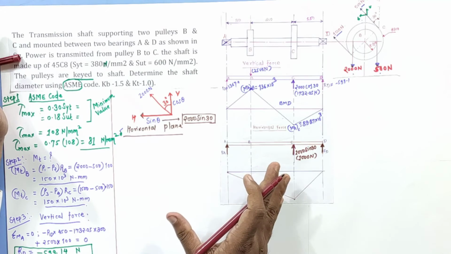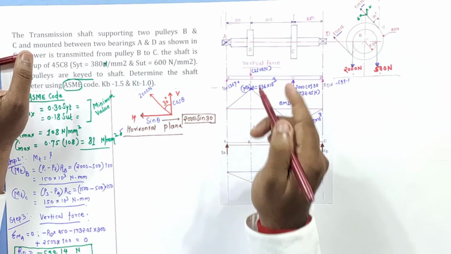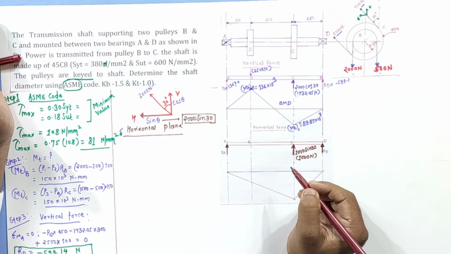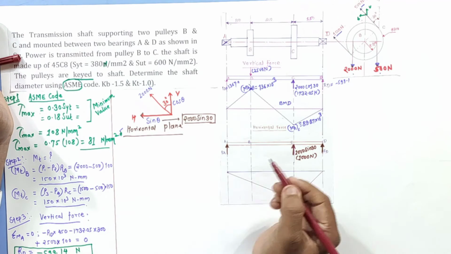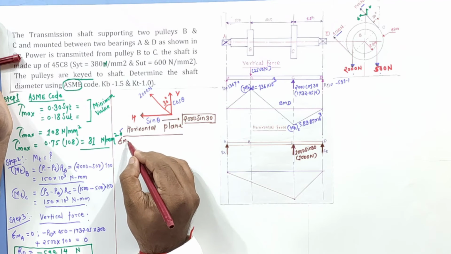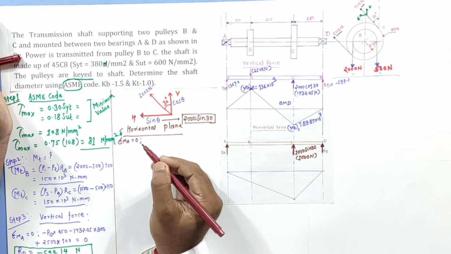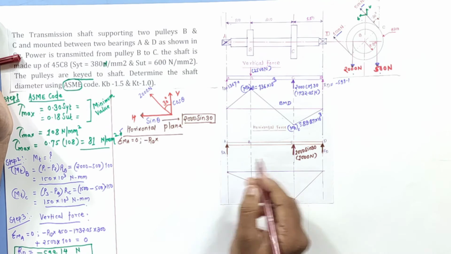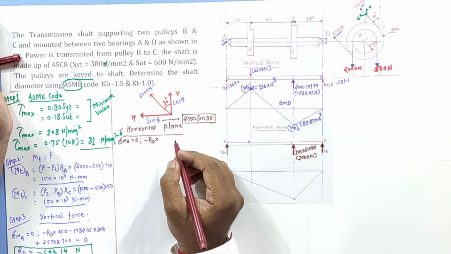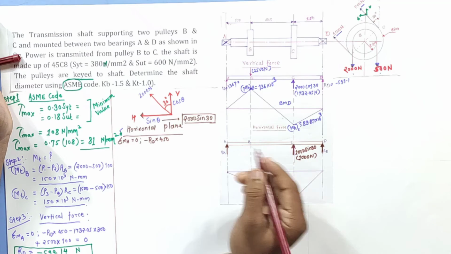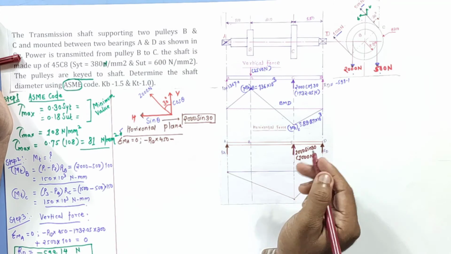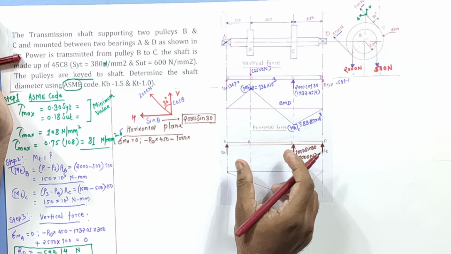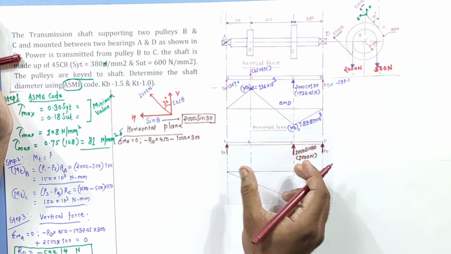We have calculated this force. No force is situated on pulley B. All are vertical, so only one force. So we need to calculate one by one. I'll take again the moment with respect to A equal to 0. So I'll get minus RD into the distance 450, minus, moving upward, 1000 into the distance 300.